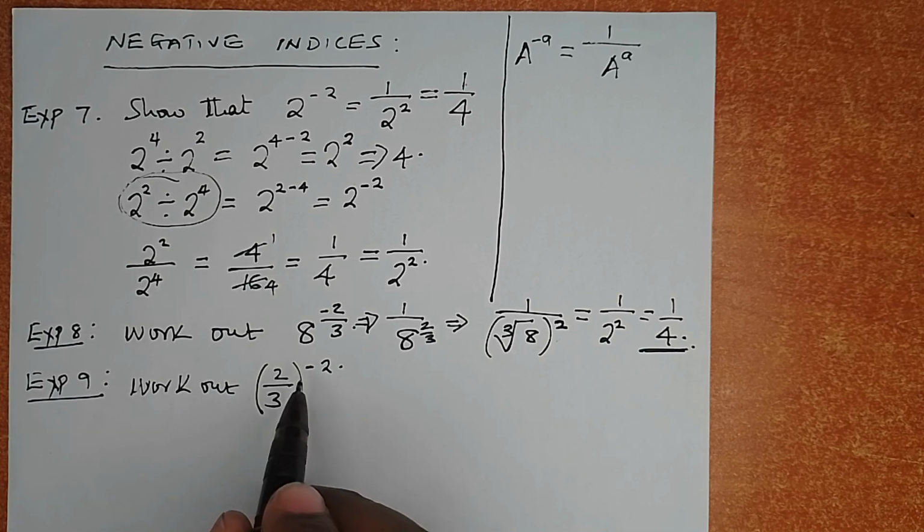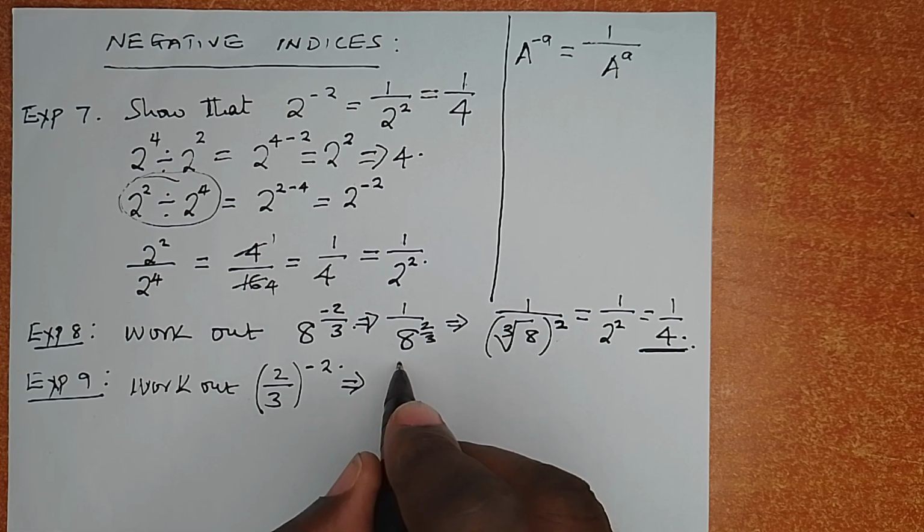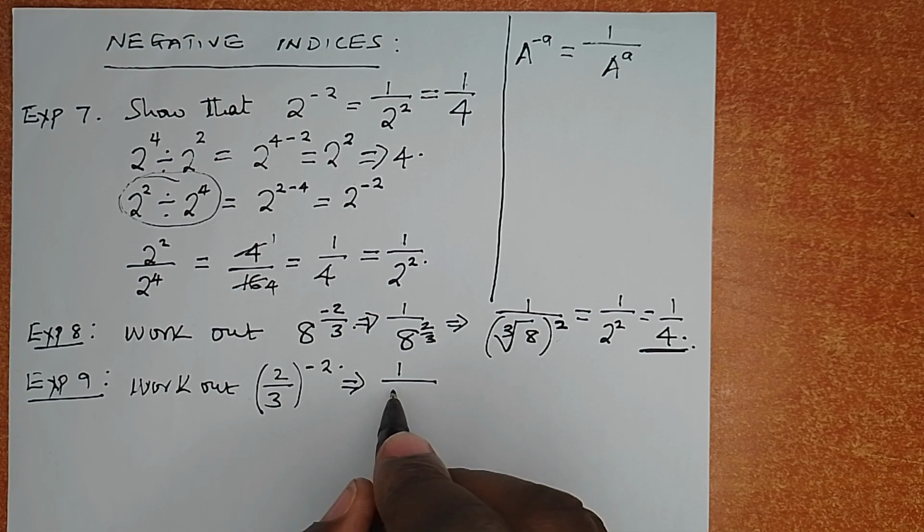And as you know, the index is negative, so we have to bring the reciprocal of 2 over 3, which is going to be 1 over 2 over 3.